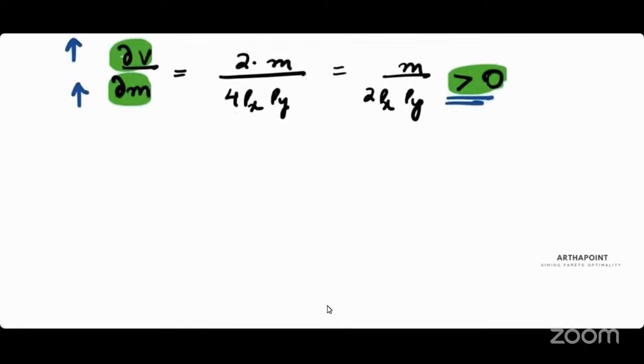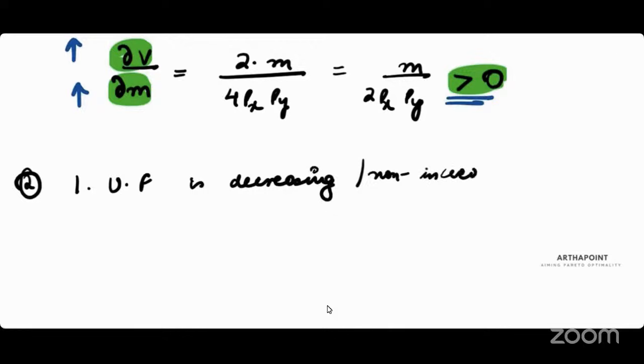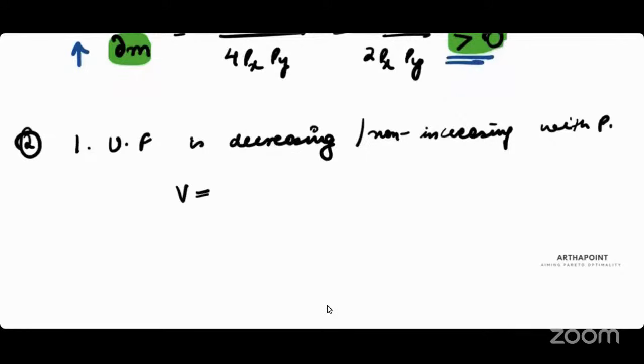Write down the second property. The indirect utility function is decreasing, and if not decreasing, then definitely non-increasing, with prices. Which means when prices increase, your utility will decrease, and if not decrease, definitely it will not increase. Again, take your utility function. It is m square by 4 px py.